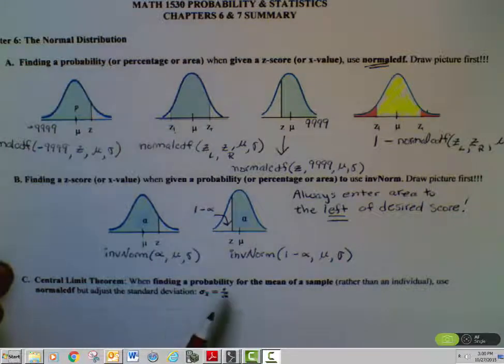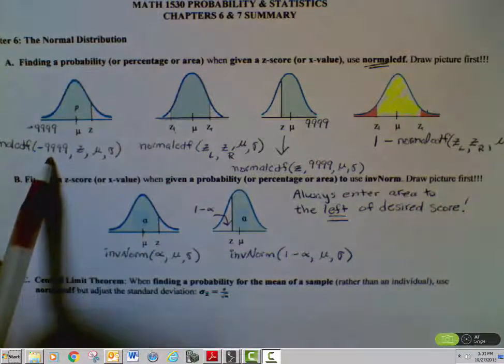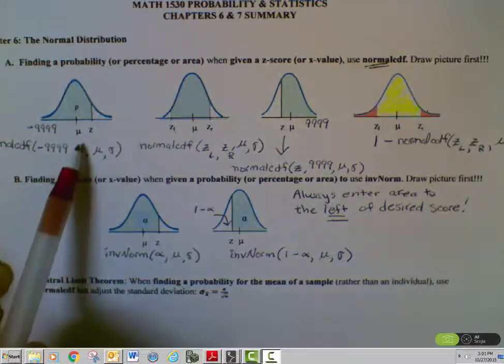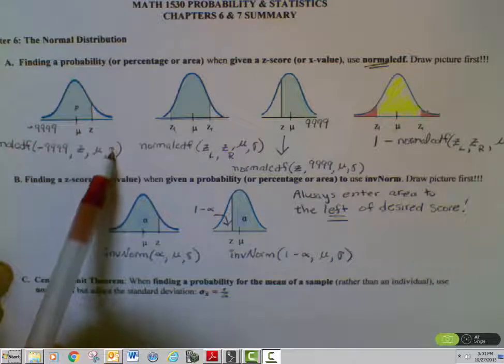So the example that I just made up, a group of 70 men, what's the probability that a group of 70 men have a mean weight less than 150? I would still use normal CDF, negative 9999 up to 150, and I'd have the mean and I'd have the standard deviation.